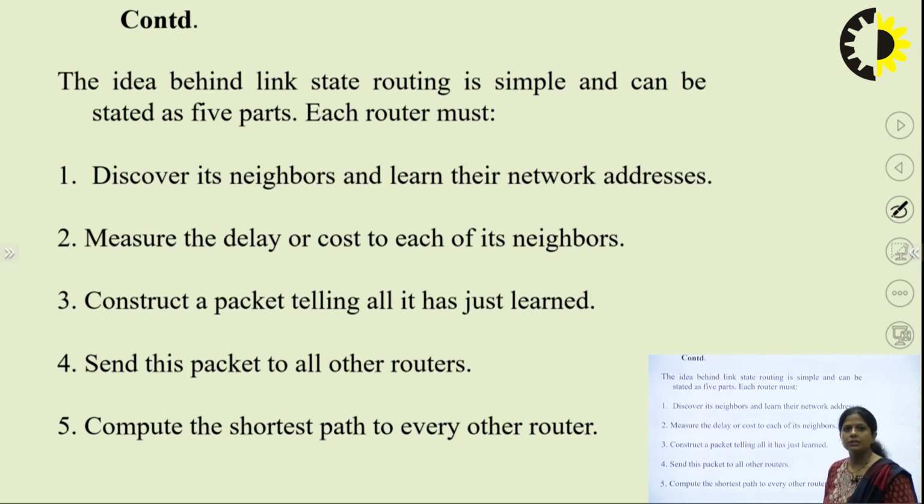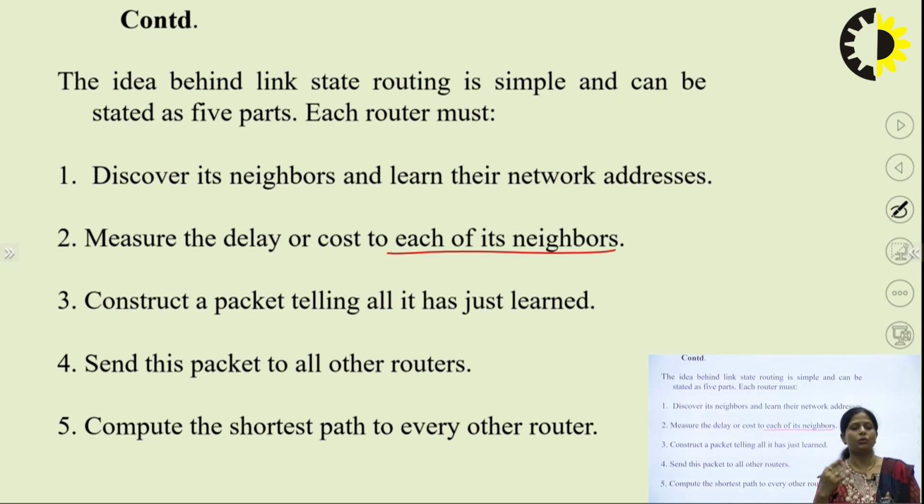So now we are going to discuss link state routing, and here are the 5 main steps of this algorithm. The idea behind link state routing is quite simple and can be stated as 5 parts, and each router must do these 5 steps. Number 1, discover its neighbors and learn their network addresses. First, it has to identify who all are my neighbors. I need to confirm the network addresses of these neighbors. Measure the delay or cost to each of its neighbors.